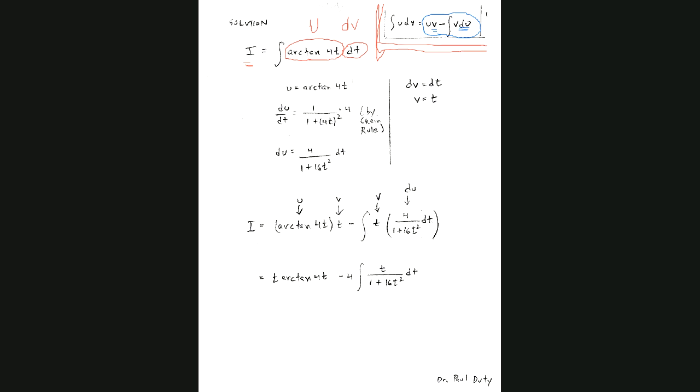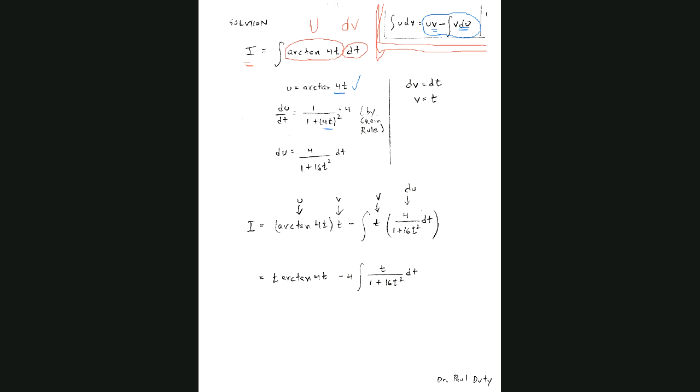So if u is the arctangent of 4t, then du dt, by the chain rule, the derivative of the arctangent of x is 1 over 1 plus x squared. Well, we have the derivative of the arctangent of 4t, so that's going to be 1 over 1 plus 4t squared.